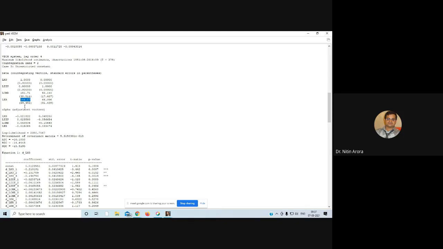So I don't want LM3 as a function of CMR, ER, and LIIP as a function of CMR, ER, which has been given by default. But I want two co-integration relationships in which LM3 is represented as a function of IIP and CMR, the second and third variable, and LIIP is taken as a function of LCMR and LER.